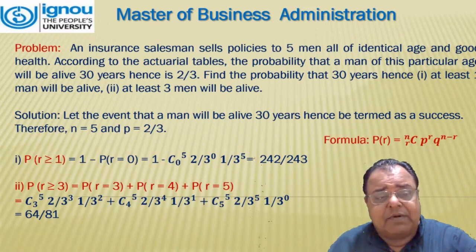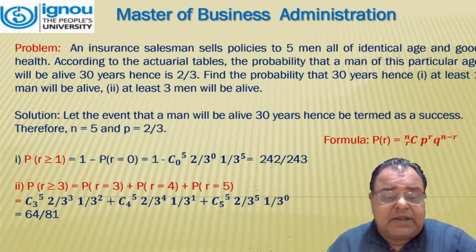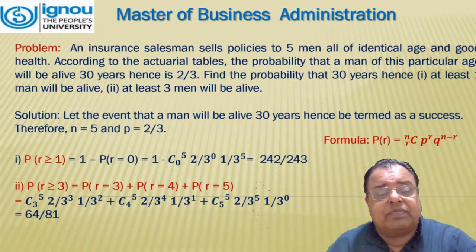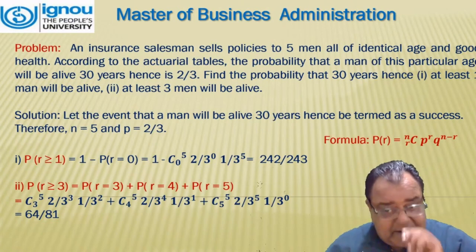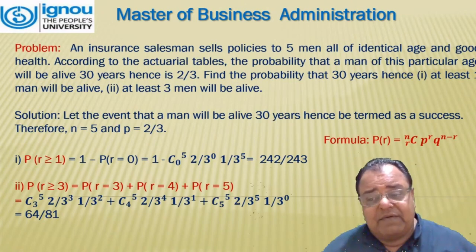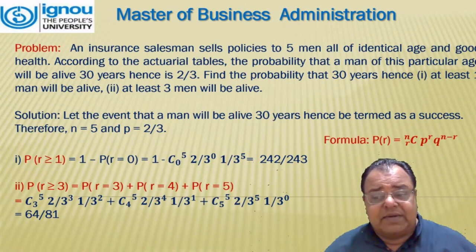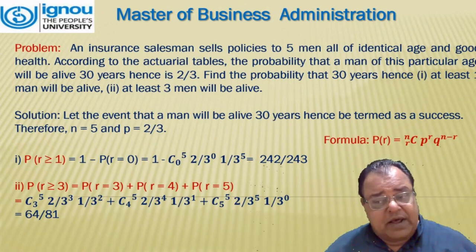For arriving at the probability that at least one will be alive, we will subtract the probability of r equal to 0 from 1. That means 1 minus P(r = 0). Here is how P(r = 0) is calculated. Refer to the right side. We have the formula nCr times p raised to the power r times q raised to the power n minus r.